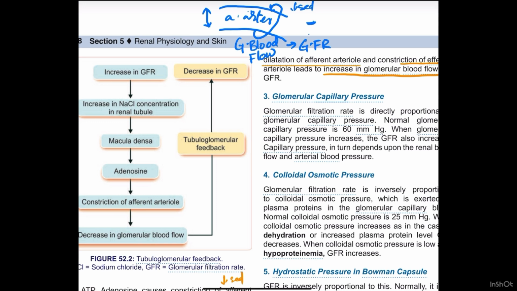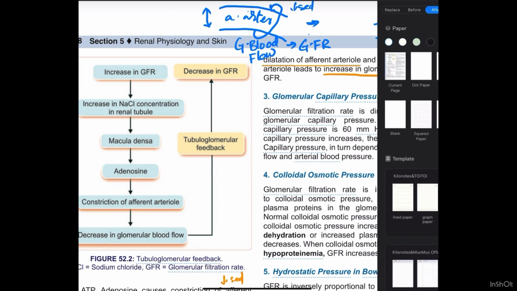Afterwards, what happens here? Constriction of the efferent arteriole also takes place. When the efferent arteriole constricts, automatically the afferent arteriole is going to be broad enough, so as a result the pressure is going to be altered. I'll explain through this paper so you will understand. Now usually what happens here?